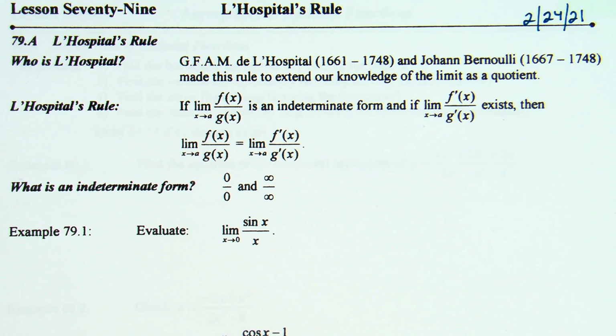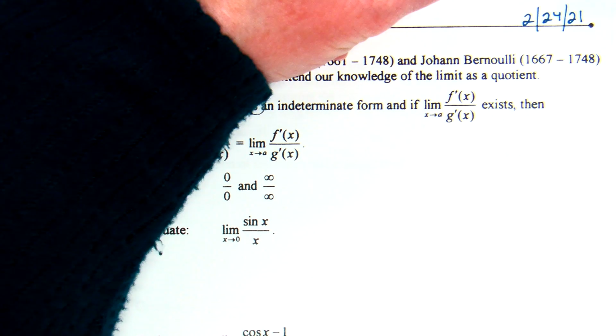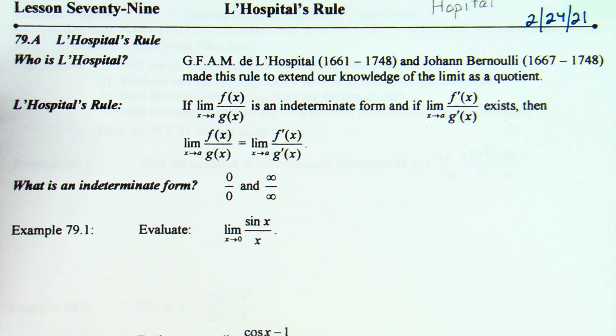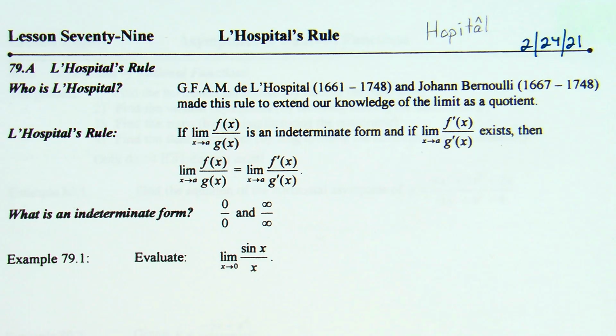I'm trying to remember the other spelling, I should have looked it up. That doesn't seem right, where it's Hopital. And there's a little mark, is it over the O or the A?